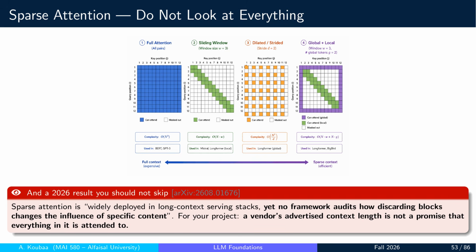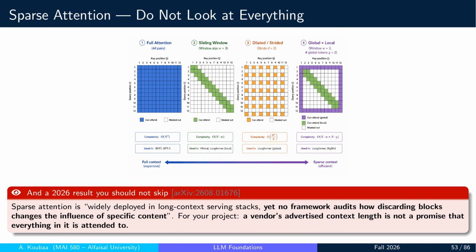That's more than 2 orders of magnitude in a few years, and almost none of it came from making attention fundamentally cheaper in theory. It came from kernels, from sparsity, from cache compression, from hybrid layers, the contents of this entire section. Long context is not a capability that was discovered. It's a bill that was negotiated down, technique by technique.